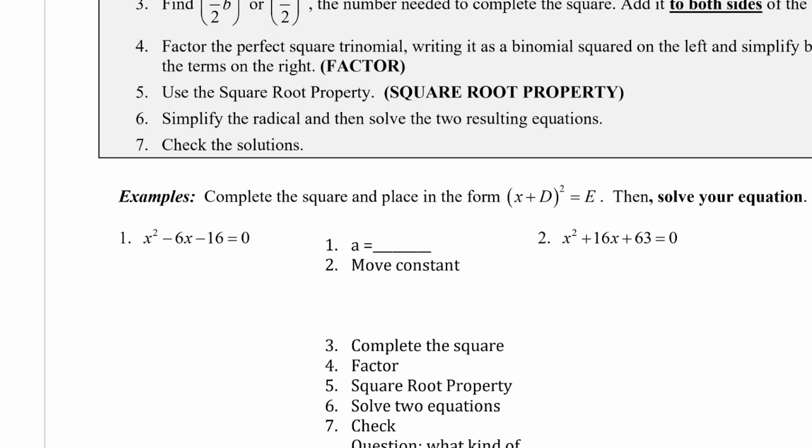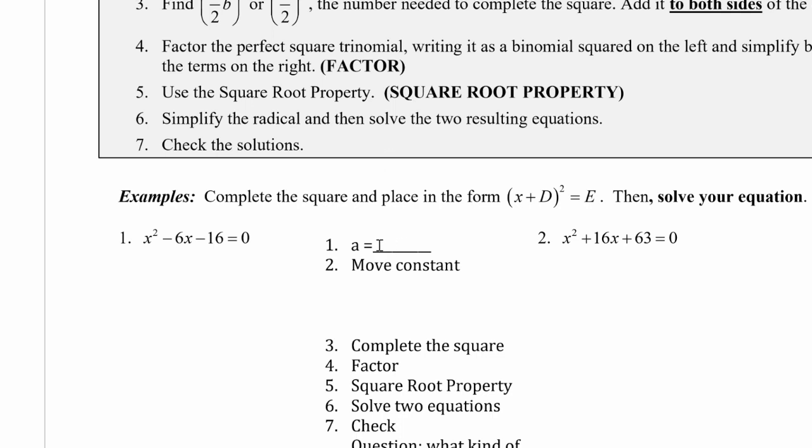Okay, so here's our first example. We've got x squared minus 6x minus 16 equals 0. And next to it, I've written out the steps that you're going to want to use in order to complete the square to solve this quadratic equation.